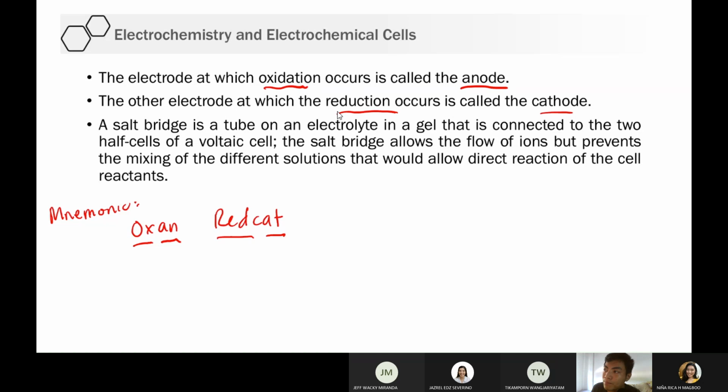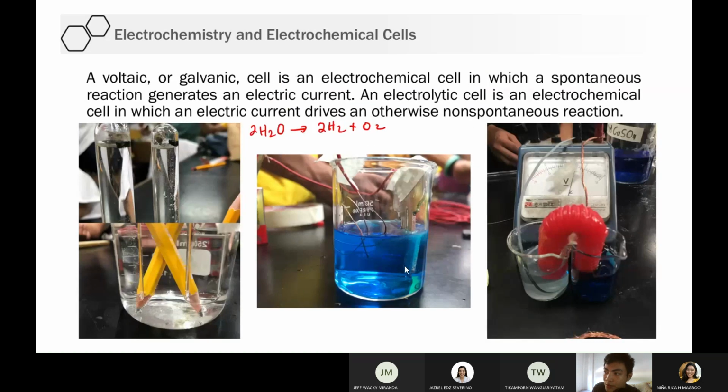This is the reaction wherein your ions become solids, just like what we did here. What happened here is the reduction of copper onto the surface of your metal, so that is described by a reduction reaction.